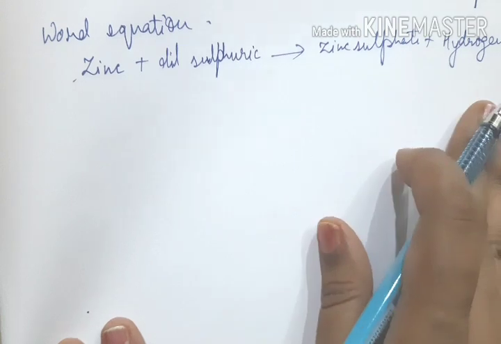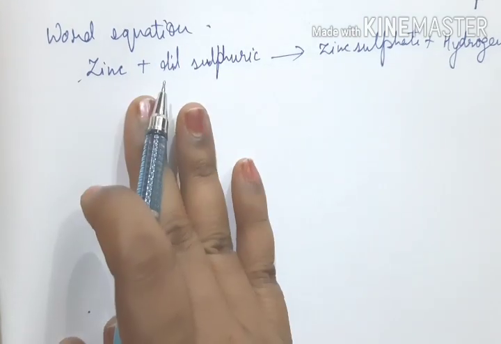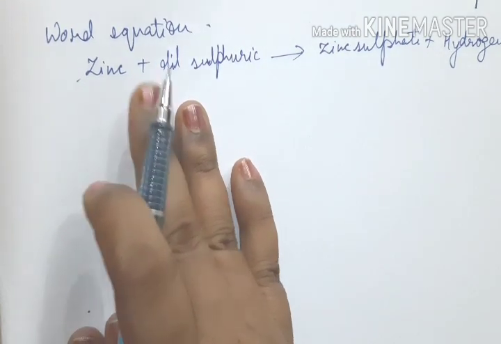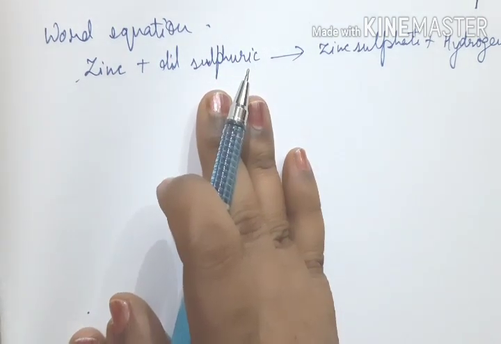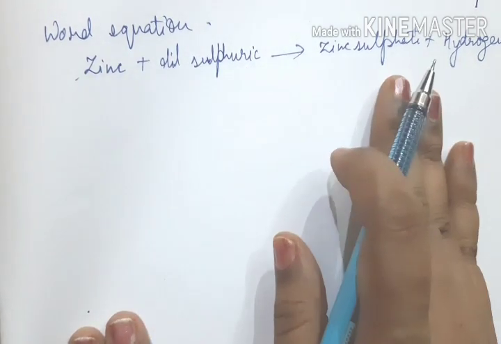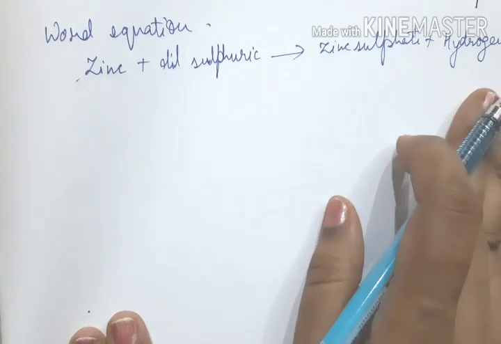Now what is the condition for the reaction? The condition is close contact, because zinc has to be brought into contact with dilute sulfuric acid. Only then will the reaction take place to form zinc sulfate and hydrogen.